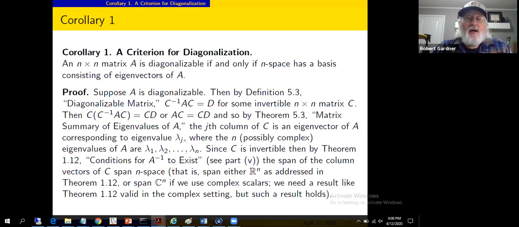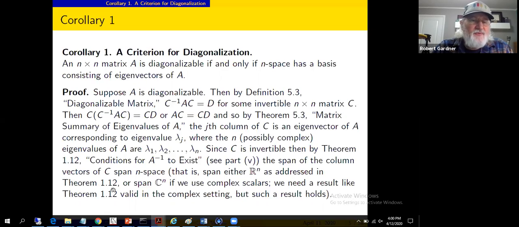So the span of the columns is all of n space. And again, these guys are being cagey about what n space is. Is it Rn? Is it Cn? Well, it's Rn if you can do it all with real numbers. And if you can't, you need some complex numbers, then it's Cn. There's a little, if you really like mathematical details, a little bit of concern over the fact that Theorem 1.12 only was valid in the real setting.